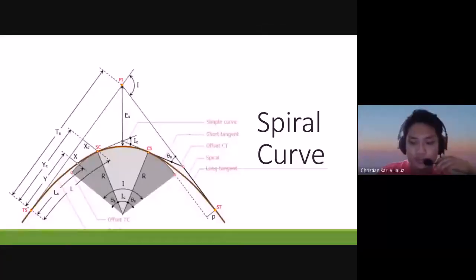Okay, dito na tayo sa last part ng ating lecture, which is about spiral curve. So, this is spiral curve. So, spiral curve or roadway with a spiral curve, this is the final form of a design of a road. So, sa pagde-design kasi ng length ng spiral curve, maraming kino-consider.